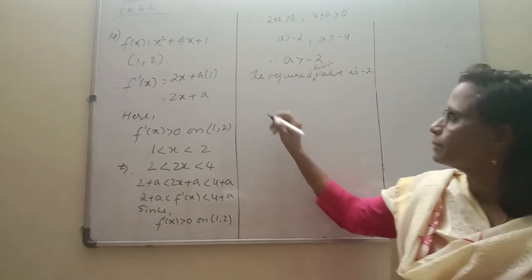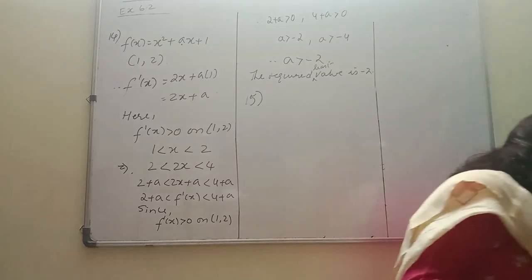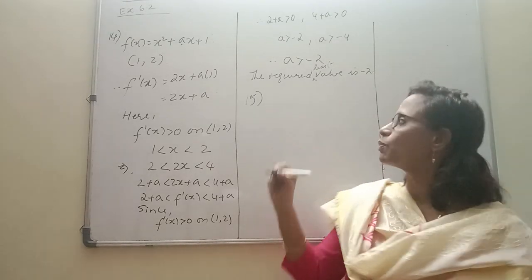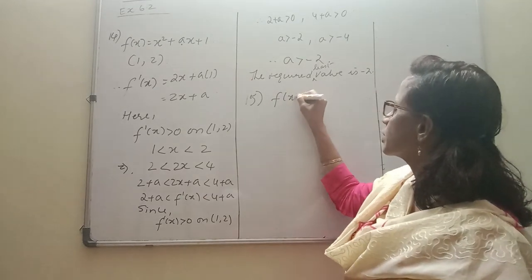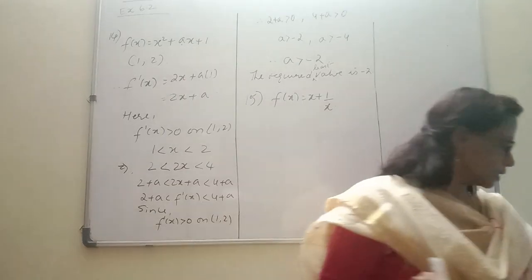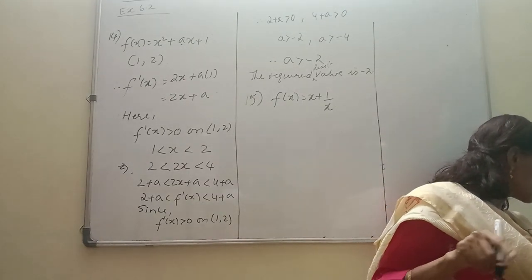Now we can take up the next question, question number 15. So question number 15 says that you are having f of x as x plus 1 by x. Function is quite simple. And they say, let I be an interval disjoint from -1, 1.